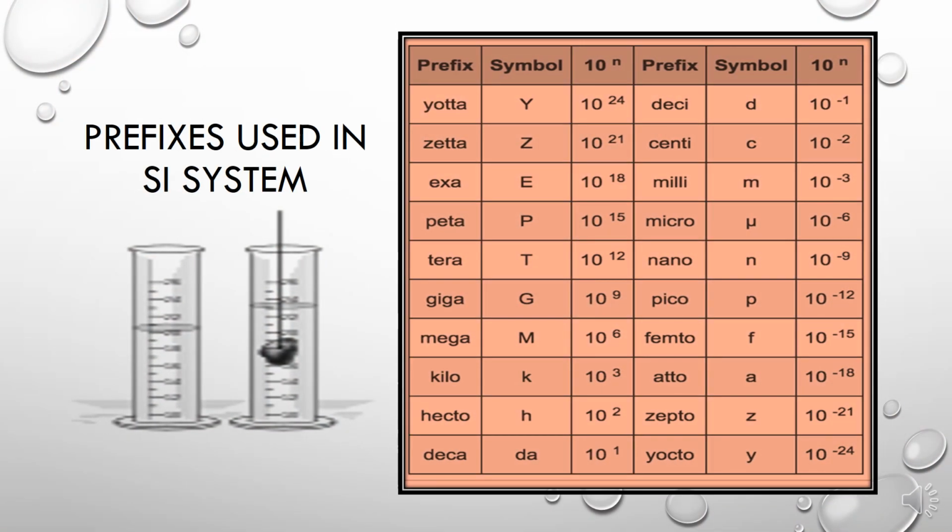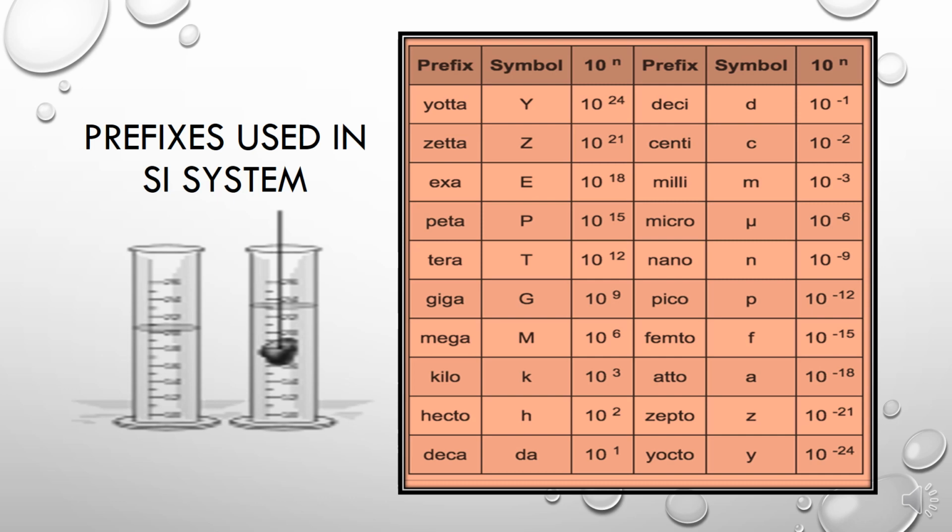Next is, actually, in the SI system, various prefixes are used with these basic units. For example, for measuring higher or greater masses, we generally use kilogram, or for smaller units we use gram, milligram. So these prefixes kilo, milli, mega, deca, centi, micro are used to depict smaller or larger measurements.